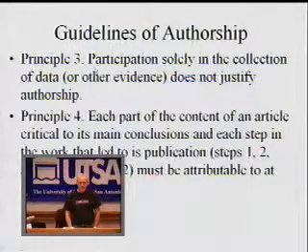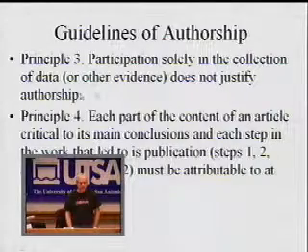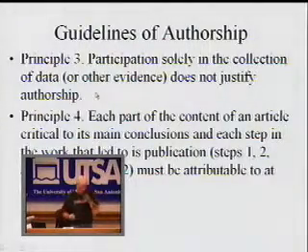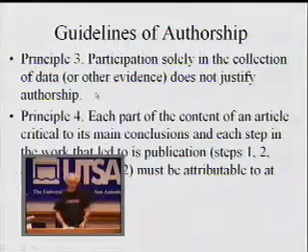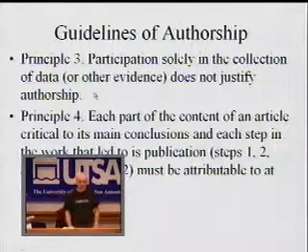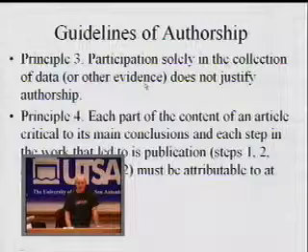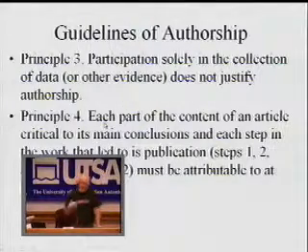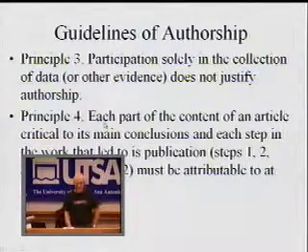So principle 3, the participation solely in the collection of data or other evidence does not justify authorship. So first we define what is inclusive for authorship, and then make the opposite statement of what is exclusive for authorship. So simply collecting data or other evidence does not justify authorship. There has to be more than that. So we'll extend our discussions of each of these as we proceed.